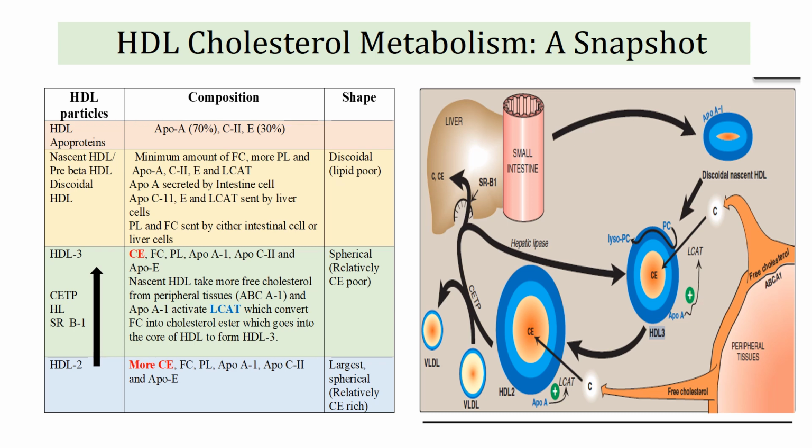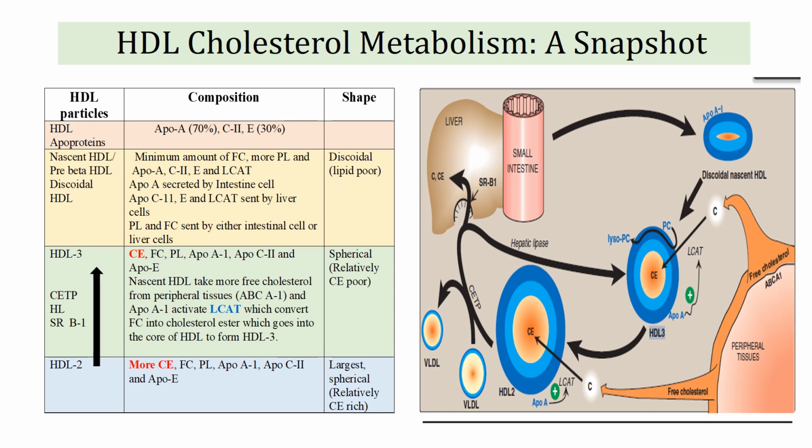Now this nascent HDL takes more free cholesterol from peripheral tissues, and ApoA1 activates plasma LCAT, which converts free cholesterol into cholesterol ester. This cholesterol ester now goes into the core of nascent HDL to form HDL3. Now it becomes spherical.